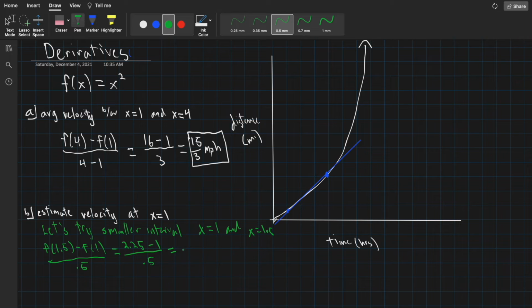So this will equal 1.25, which is the same as 5 over 4, all divided by 1/2. So multiply by the reciprocal, and that's equal to 10 over 4.